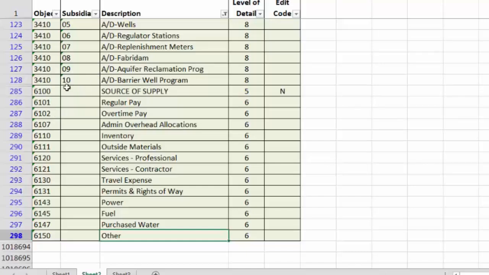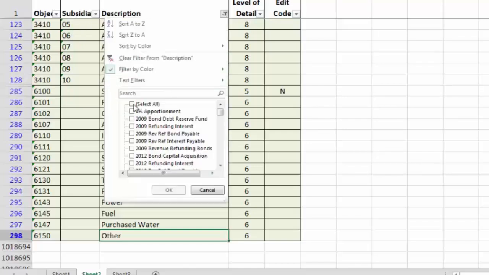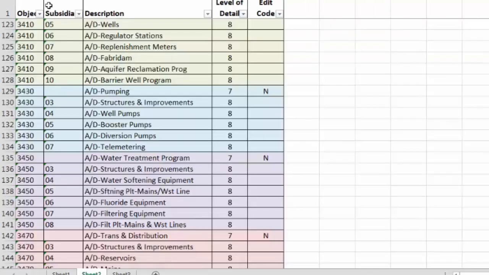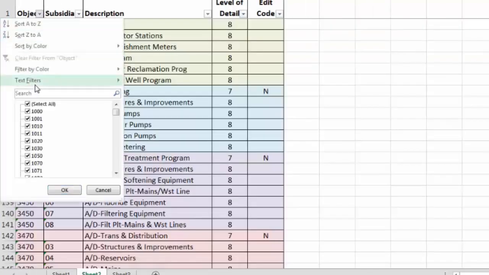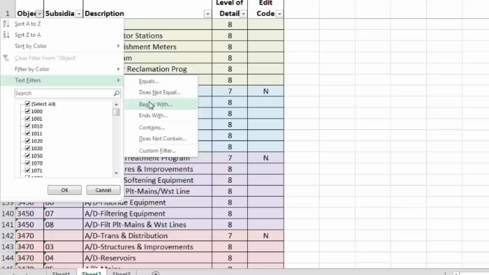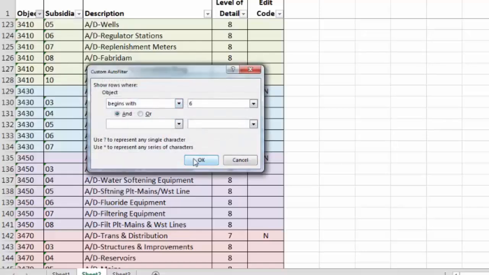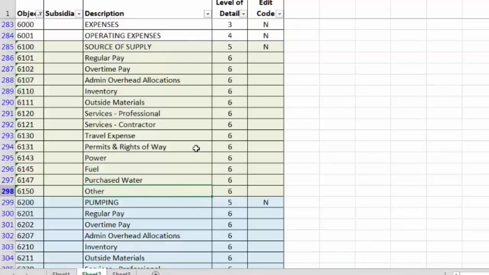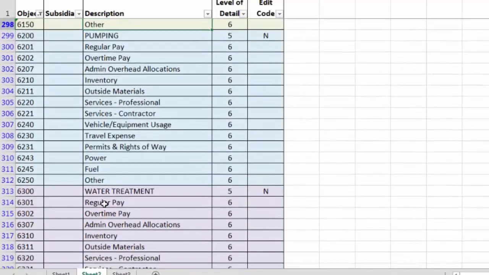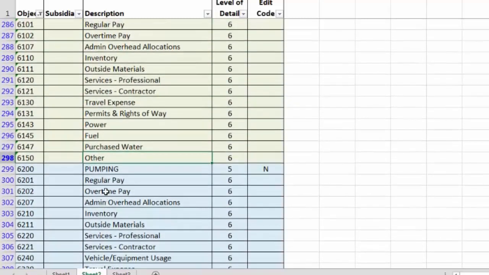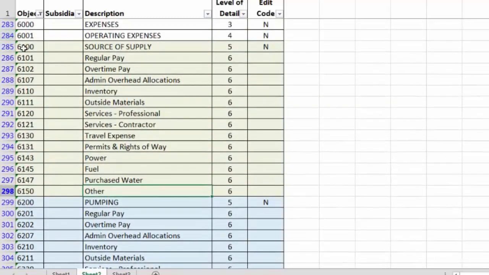So then if I, again, take off the filtering by color and say, give me everything that starts with a 6, you'll see that I have, again, my groupings: source of supply, pumping, water treatment, etc. They all begin with a 6 for 6,000, since these are operating expenses and will be on the income statement.